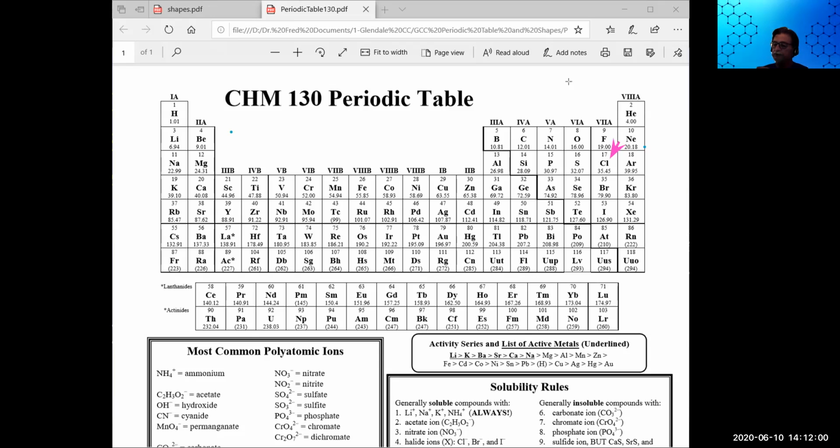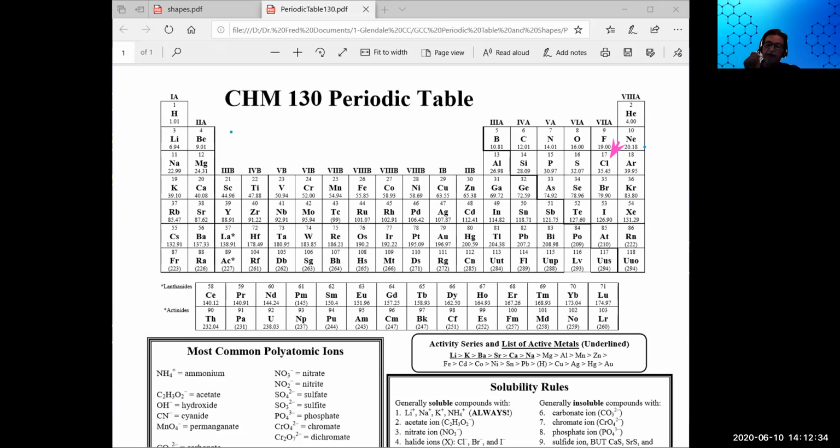You don't have to guess. It's right there. Okay. How many protons does chlorine have? Lua, you got 17. Exactly. That's how many protons it has, and also how many electrons it has. There are 17 electrons in chlorine.